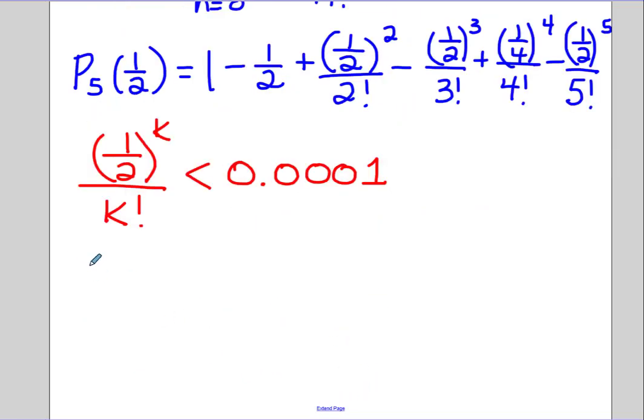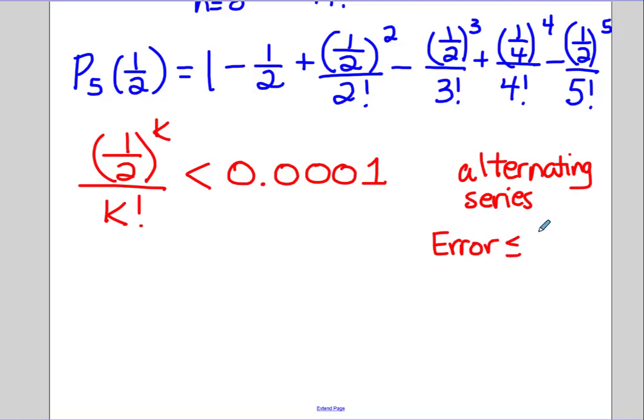So because it's an alternating series, you might want to make a note of that. In an alternating series, we said the error would be less than or equal to the first unused term.